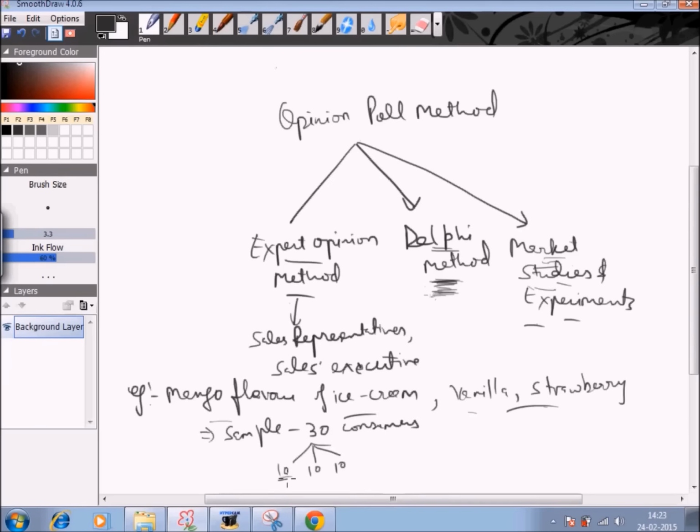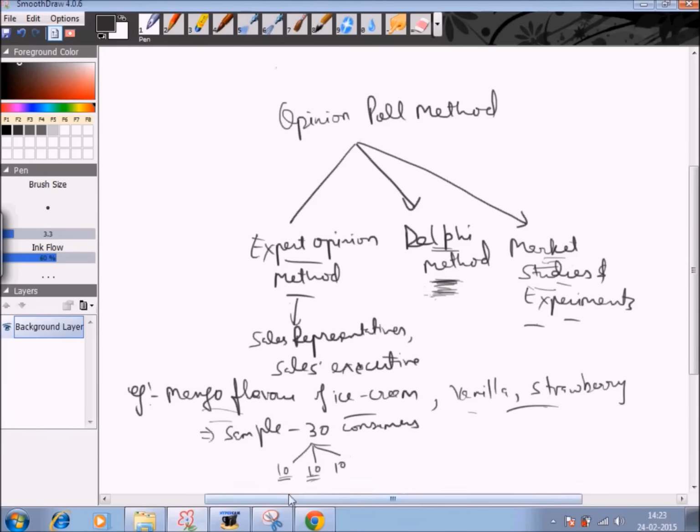They are asked to rate the ice cream from 1 to 10 based on their experience with the taste, and the company decides that only if even one group gives the highest rating to mango flavor, they will introduce this particular flavor in the market.